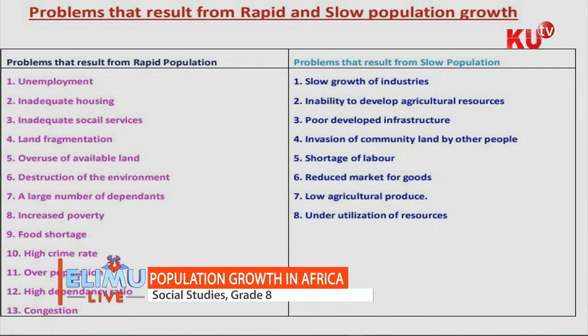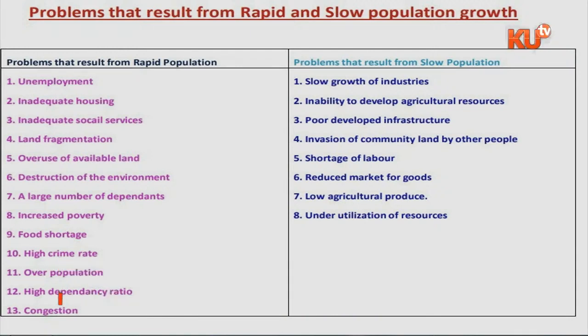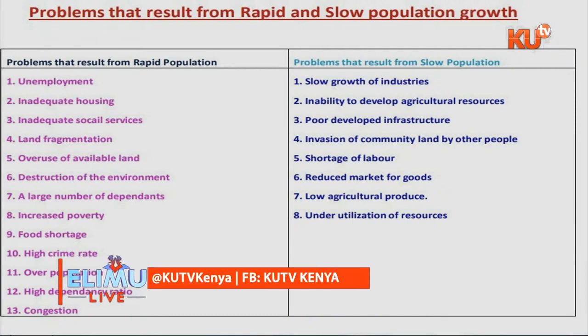Due to high population, we will have unemployment. Because we will be having many people, not many people are going to get jobs. Number two, inadequate housing or slums.